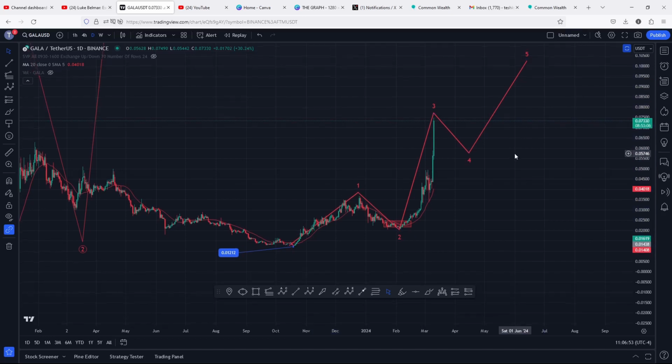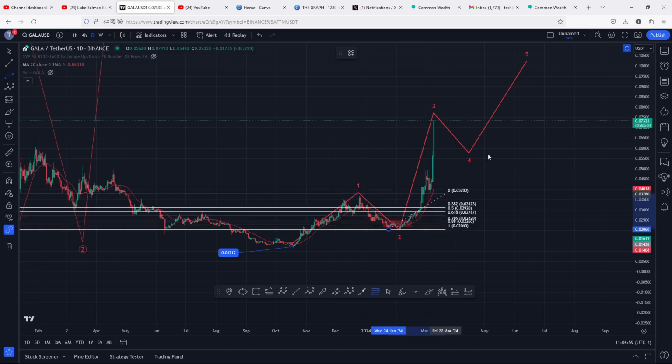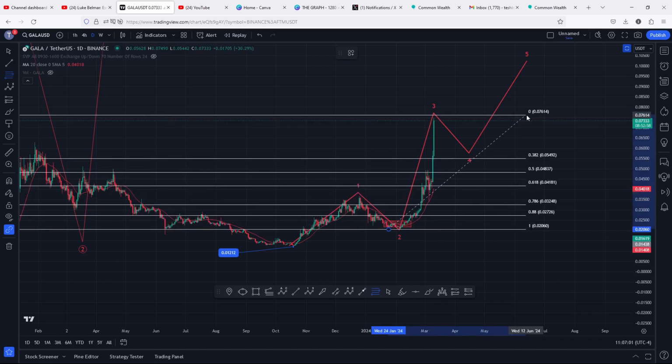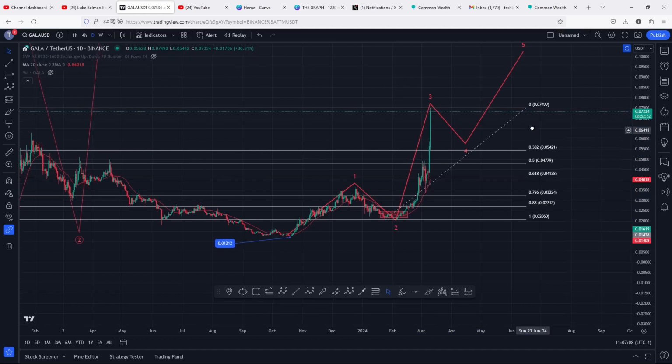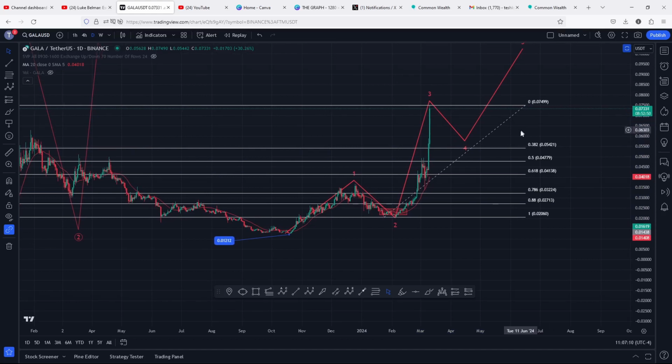And the minimum target areas for the fourth wave can be given by connecting the Fibonacci's from the low of the second wave to that high that we have at the moment. And this is assuming that we have a high in place in the formation of that wave 3, giving us a minimum target area between the fib level 0.382 and the fib level 0.5, which perfectly lies between the 0.05421 and the 0.04779.